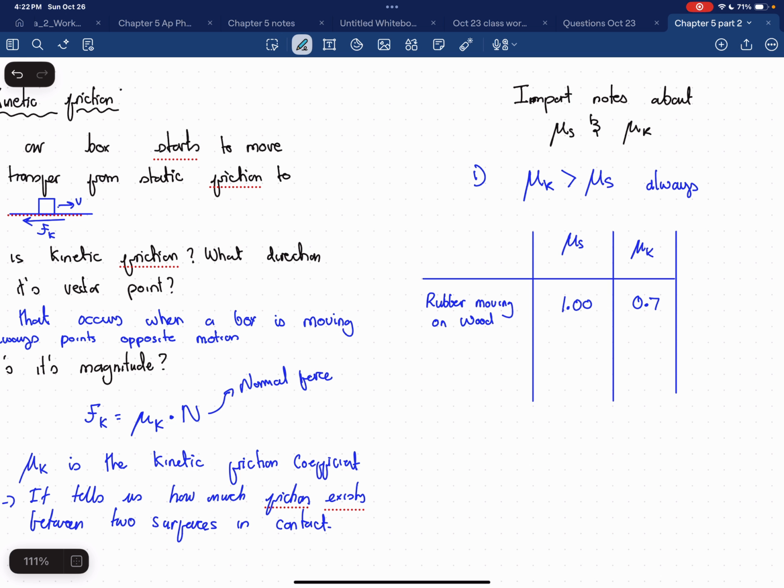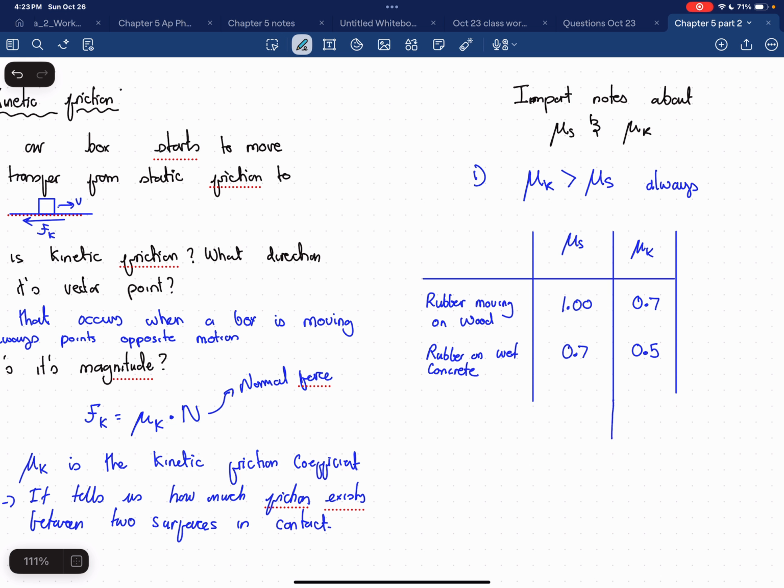What about rubber on wet concrete? Static friction is 0.7, and of course it will move more easily while it's already moving, so there'll be less friction. It'll be 0.5.